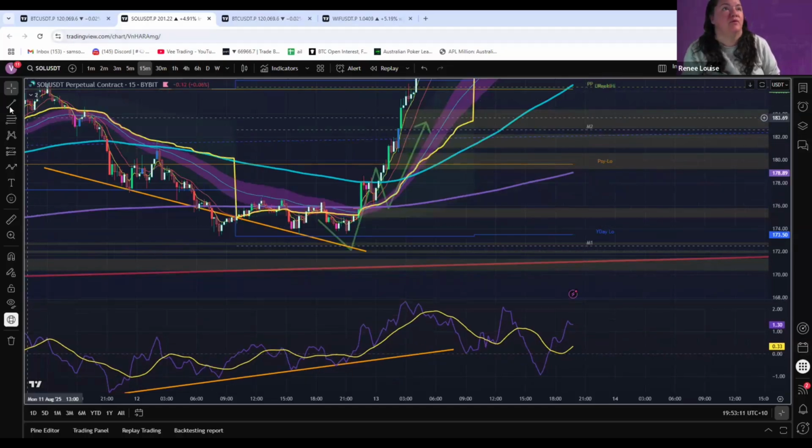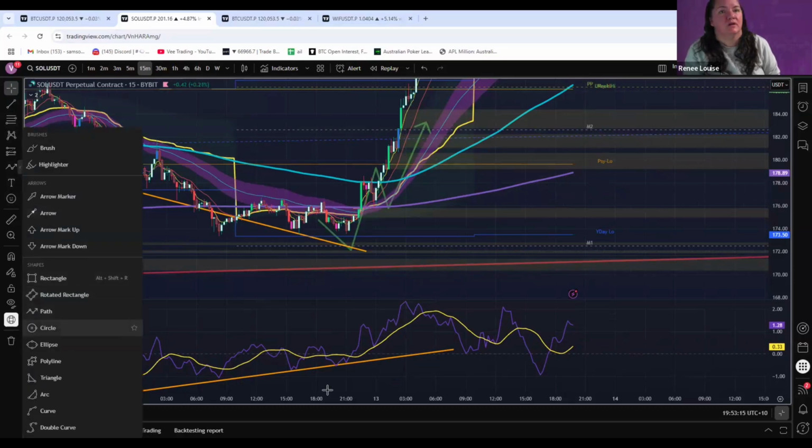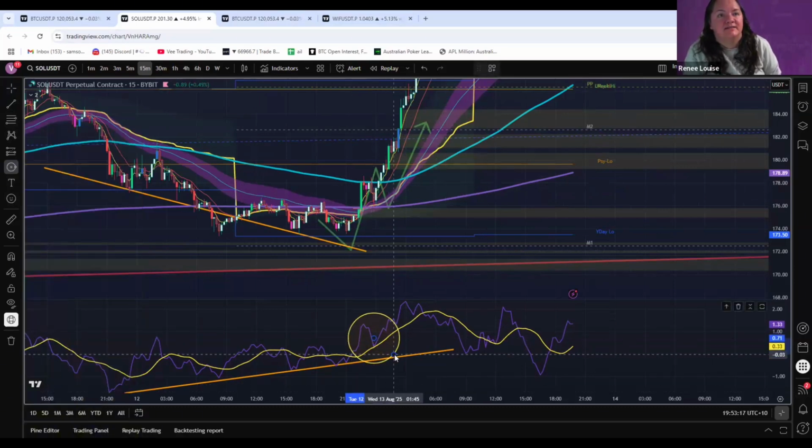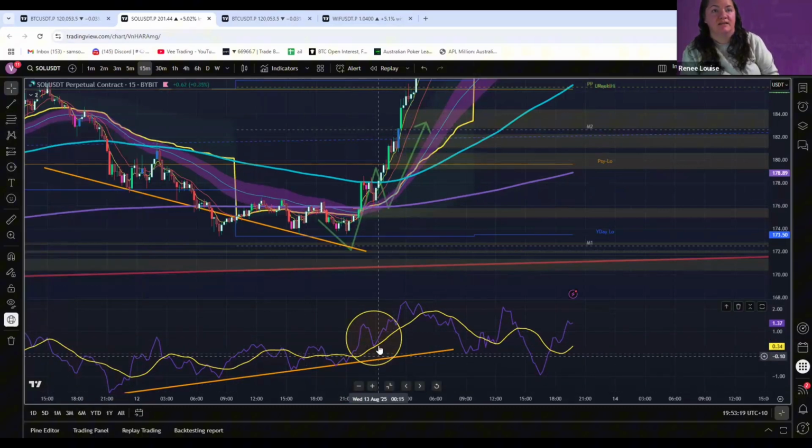Like I pointed out before, this move here, which is the push up and then the bounce off of the top of the MACD, is a really strong push if you are making a higher high with a push off of here.